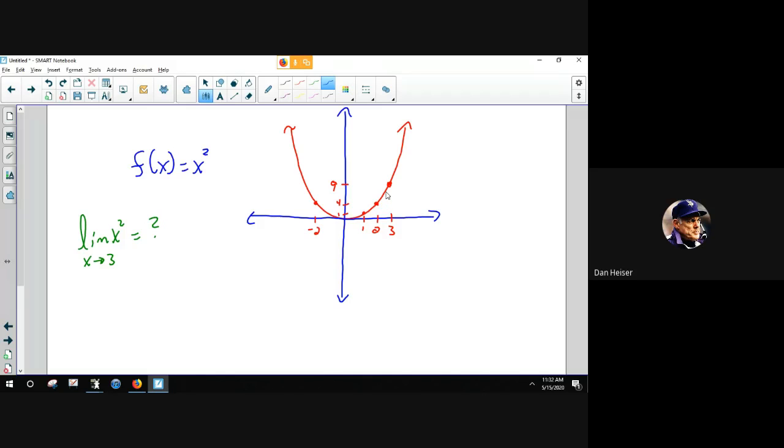And as I approach 3 from the left-hand side, what's happening to my value of y? It's getting really, really close to 9. As I get closer to 3, 2.7, 2.8, 2.9, y is getting 7 point something, 8 point something, 8.8, 8.9. As I get closer to 3, y is getting closer to 9. The limit is 9.